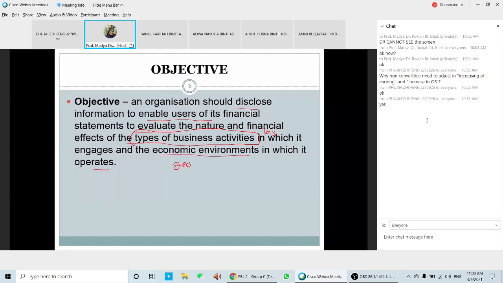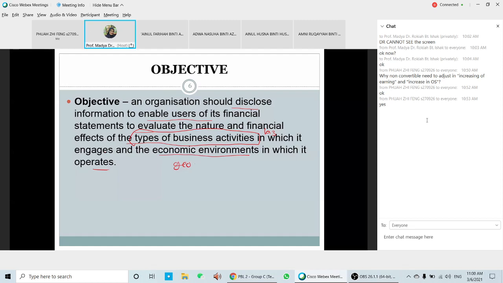So when you are a big company with more than one business segment, you need to provide information related to each business segment and also the area or location of your business.